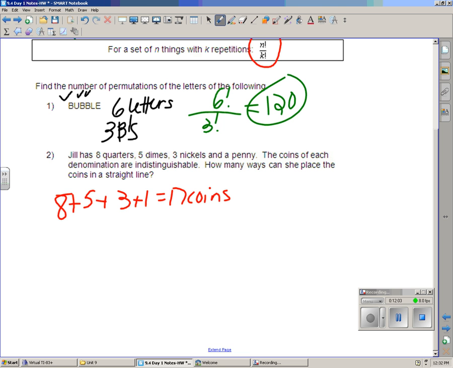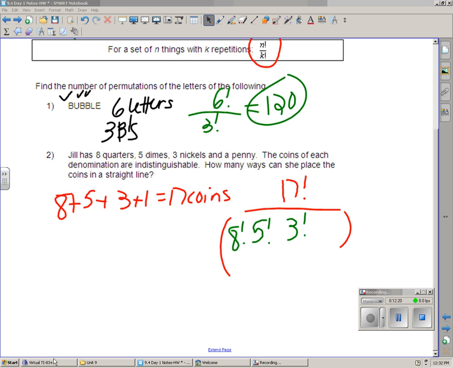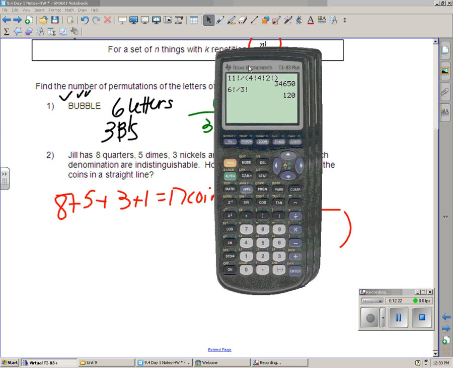So you must start off with 17 factorial. We're dividing it by all the duplicates. The duplicates would be 8 of them are quarters, 5 of them are dimes, and 3 of them are nickels. All you need to do on your calculator is just finish this thing up.